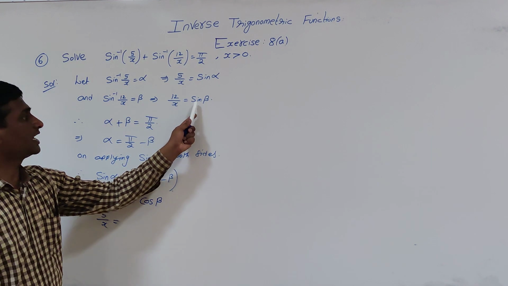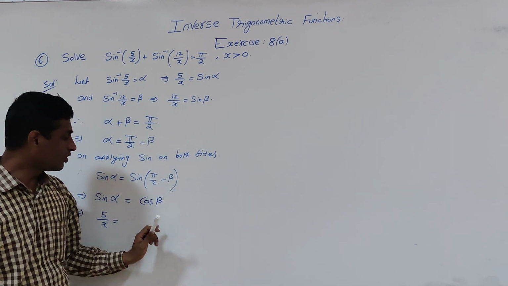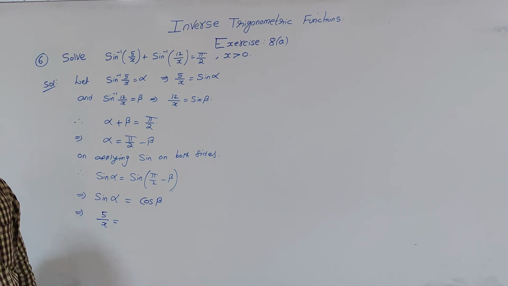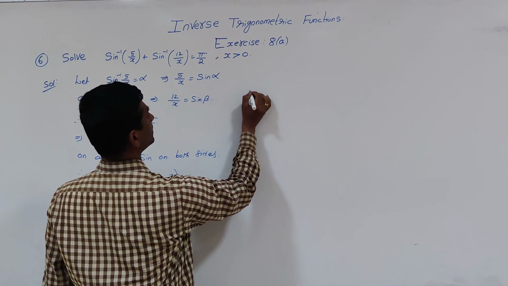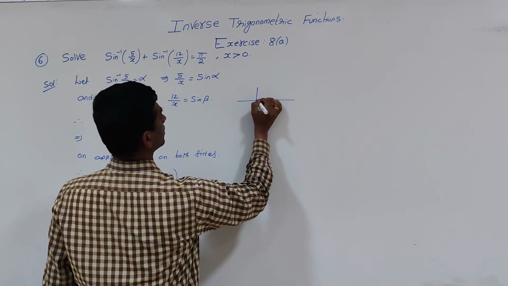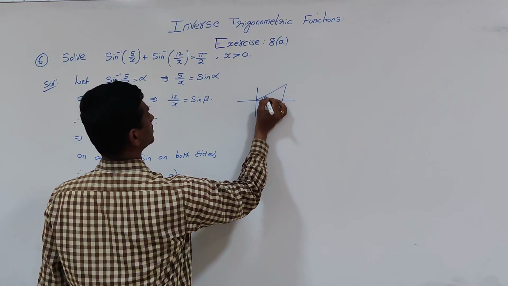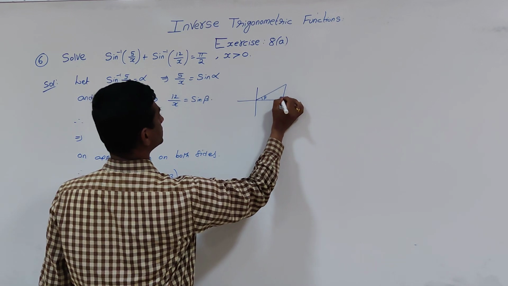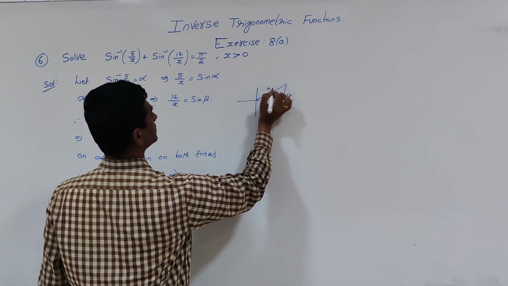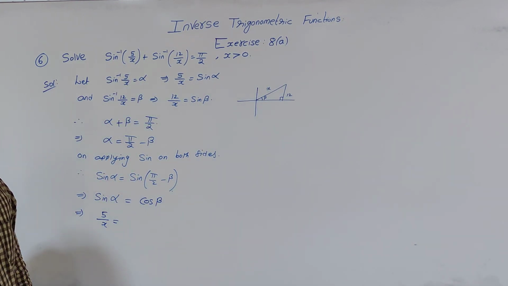So we know sin beta is 12 by x. Then what will be cos beta? We can go by using the right angle triangle for beta, that is opposite side is 12 and hypotenuse is x. And what will be the adjacent side?